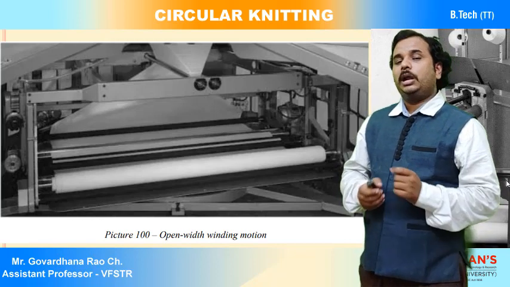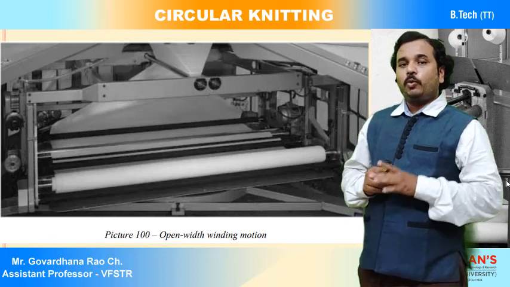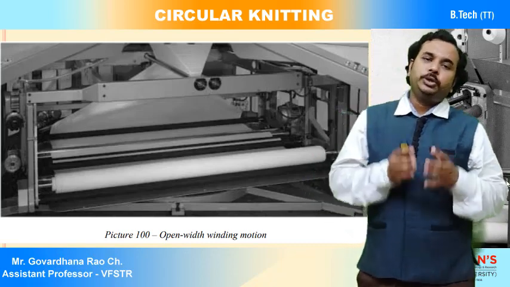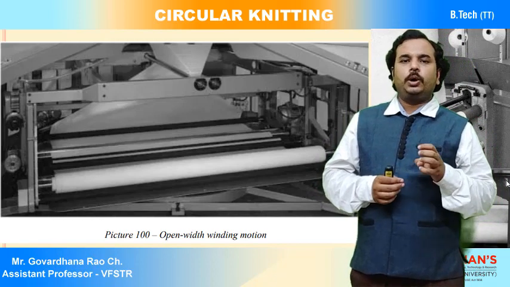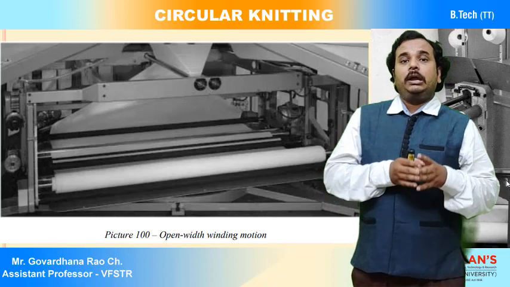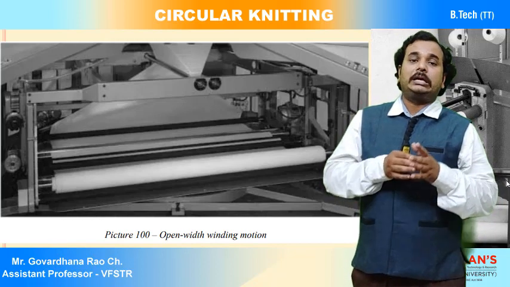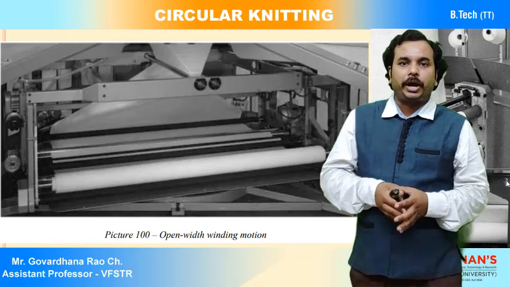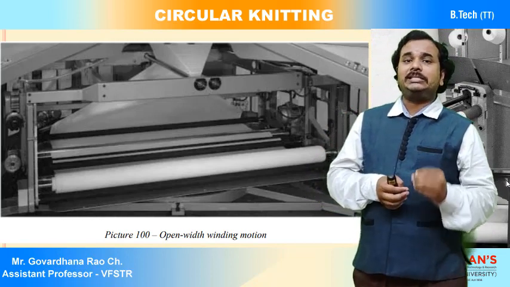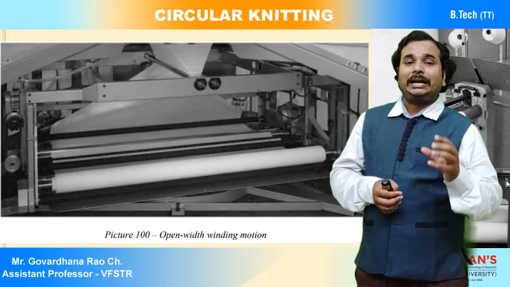Into the fabric winding roller. And you can observe this particular image, there is an open width winding motion. Normally we produce tubular fabric in the circular knitting machine. Sometimes, for processing in the chemical processing unit, the fabric is required in open width form. In that case, the knitting machine itself has a small mechanism, a cutter or splitter.